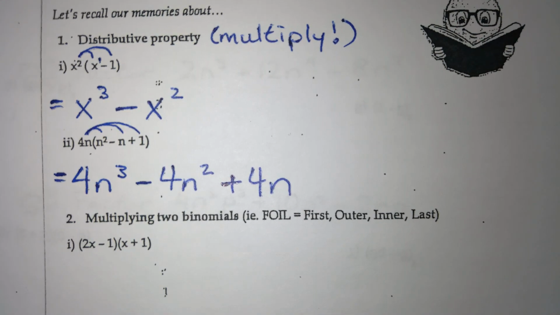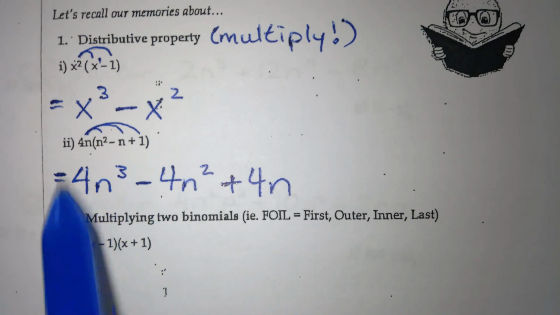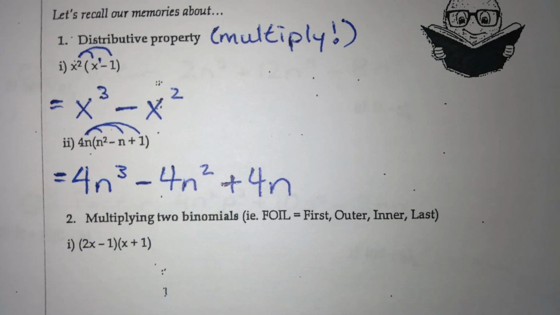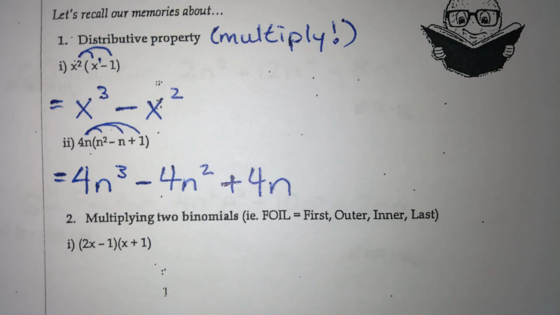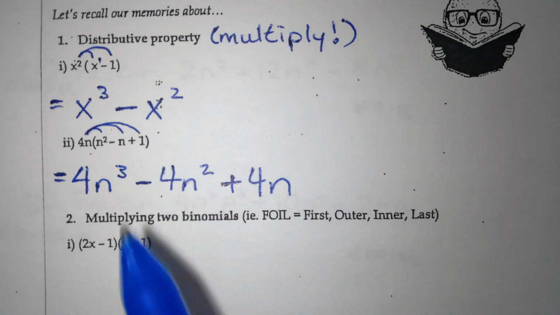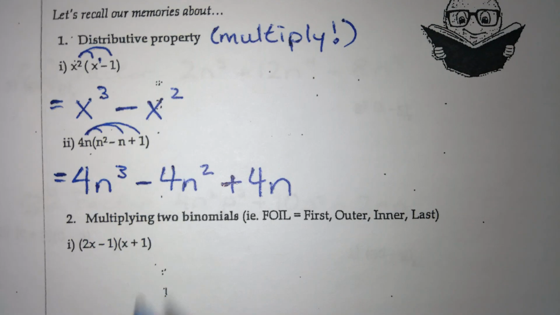It's like a train. These terms, you still have to link them back together. All right, so this is what we learned in grade 9. Do you remember this from grade 9? Hopefully. If you don't, it's going to come back.